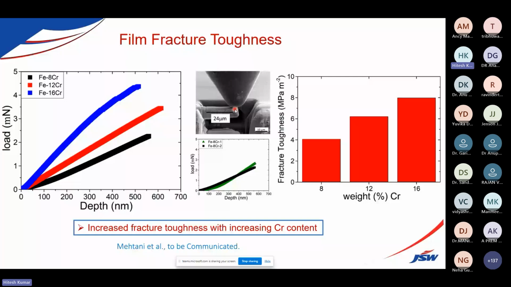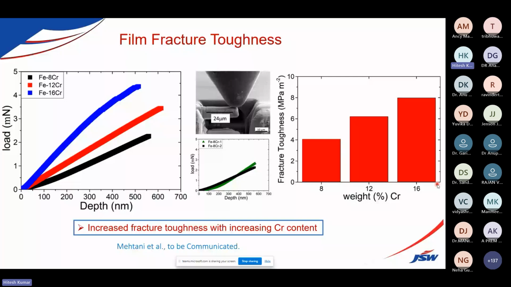Then with the help of nano indentation we deformed it, basically as a point load. What we observe is that by increasing the chromium content, the fracture toughness of the oxide layer improved, and this basically forms a more adherent and more oxidation resistant layer. So overall the material is getting more oxidation resistant.